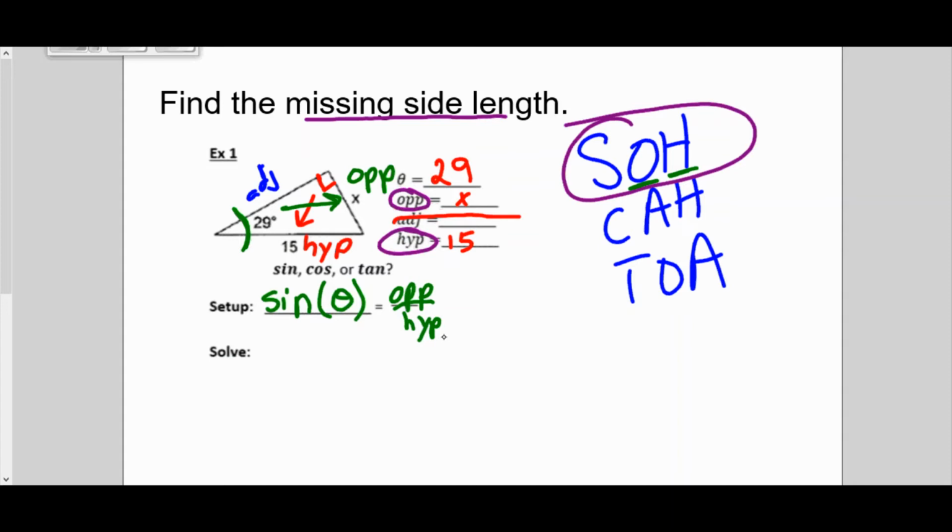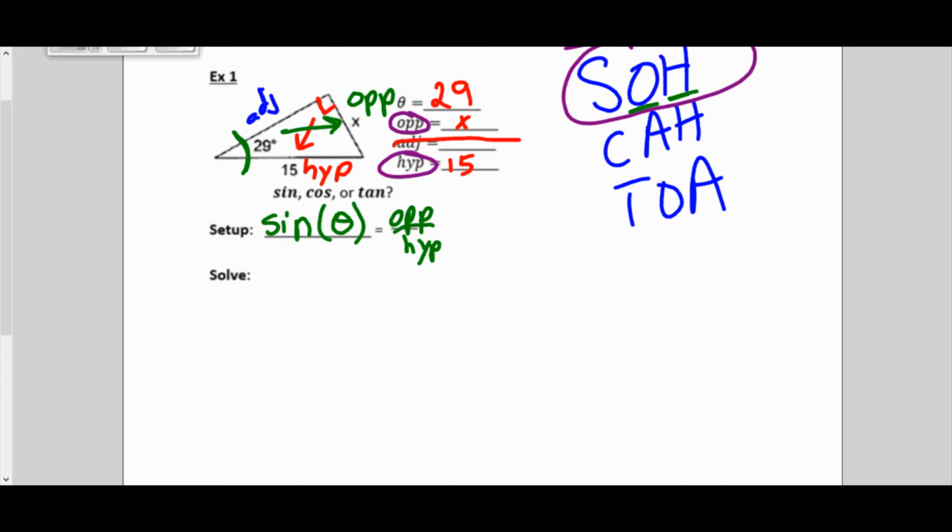Where it says solve, let's plug in our value for theta, our opposite, and our hypotenuse. So I'm going to write sine of theta is 29. This is an angle measure, so it's 29 degrees, equals opposite is x, and hypotenuse is 15.